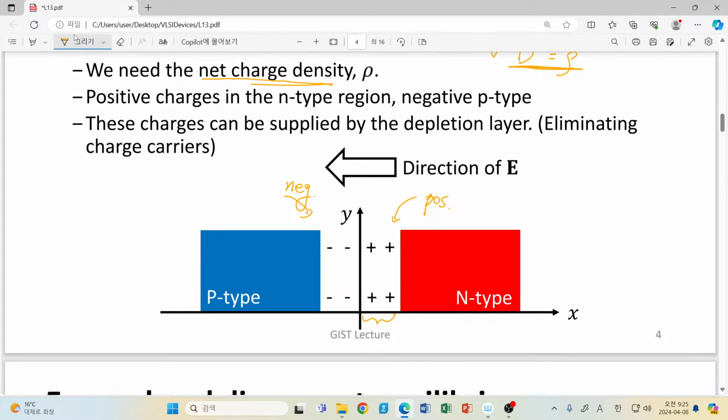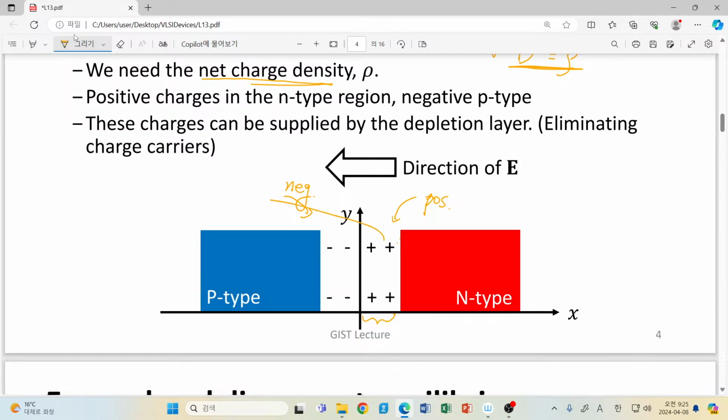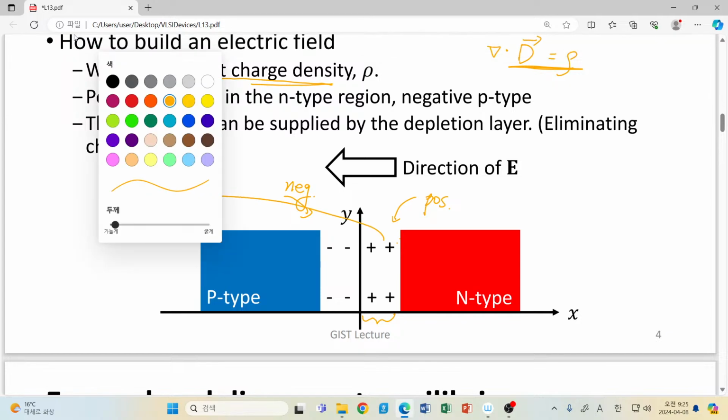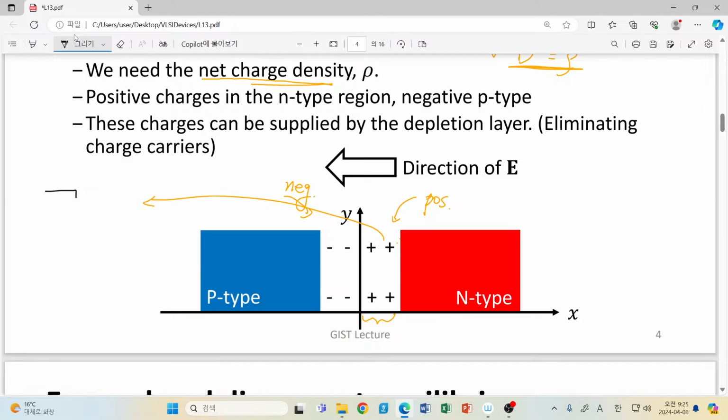In the originally n-type doped region, if we consider this part, in this region we have ND density of positively charged atomic cores, and the same number, ND density, of negatively charged mobile electrons.